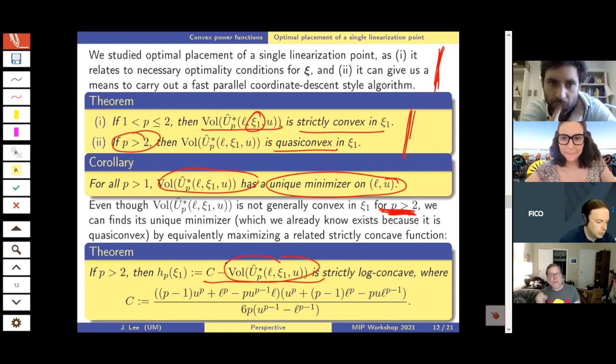So minimizing that gives you the global minimum. So in both cases, p bigger than 2 or less than 2, it's quite easy algorithmically to get the global minimum volume and find out what the optimal location for a single breakpoint is.